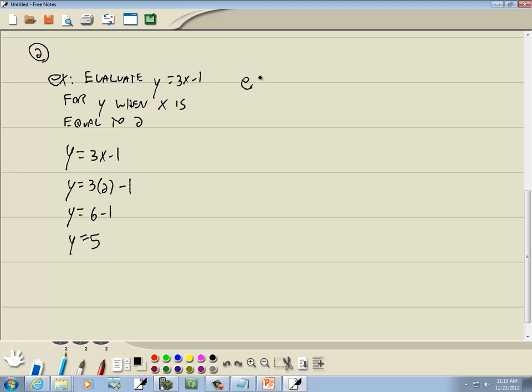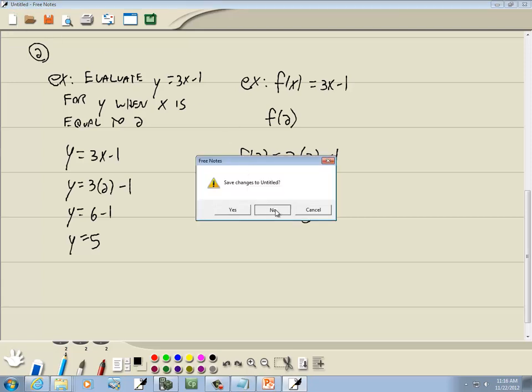Instead of writing it that way, we could say f of x is equal to 3x minus 1, and we want to find f of 2. This notation right here says all the same words as this. So when we find this, we're going to do the same thing. Where x was, we put in 2. And we got 6 minus 1 or 5. So it's just a shorthand way of writing all those words down. Start a new page and we'll look at some examples of that.